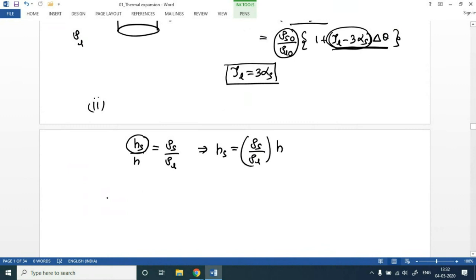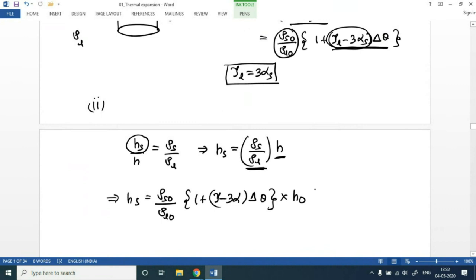This quantity Hs can now be written as, we have already taken care of the density part, rho S naught by rho L naught into 1 plus gamma minus 3 alpha delta theta, and H also changes due to thermal expansion, H naught into 1 plus alpha delta theta. This is only the linear expansion.